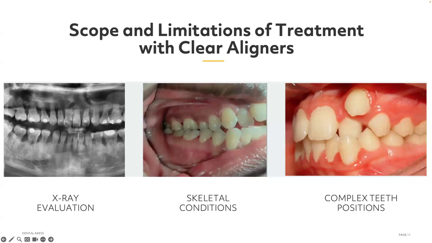So we can treat this patient with clear aligners, but we need to advise the patient this can be done, but we need to use different techniques, not just clear aligners.